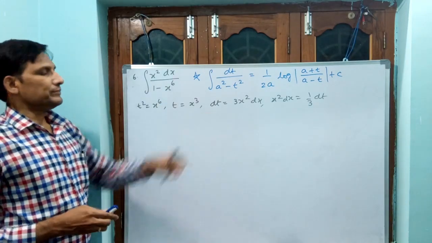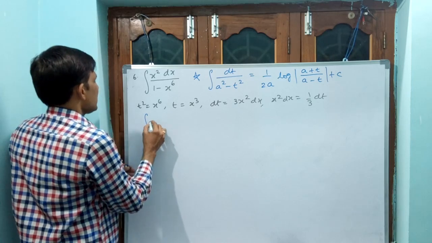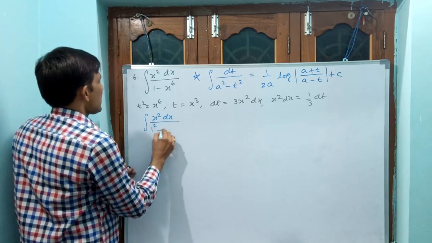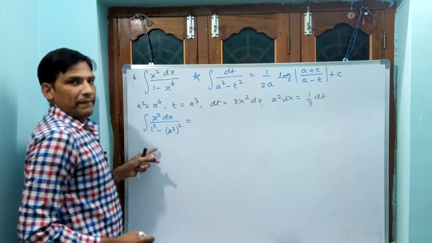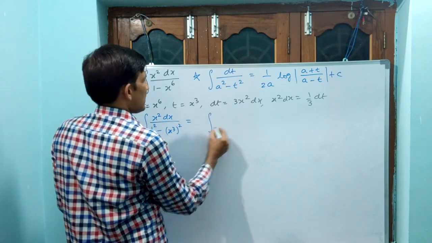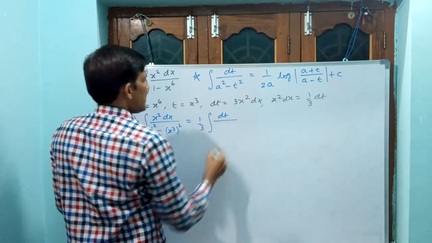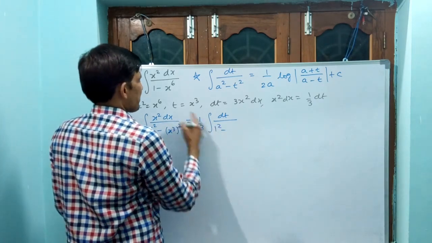Okay? Then you rewrite this question. You see, integral x square dx by 1 square minus x cube whole square is equal to integral 1 by 3 dt divided by 1 square minus t square.